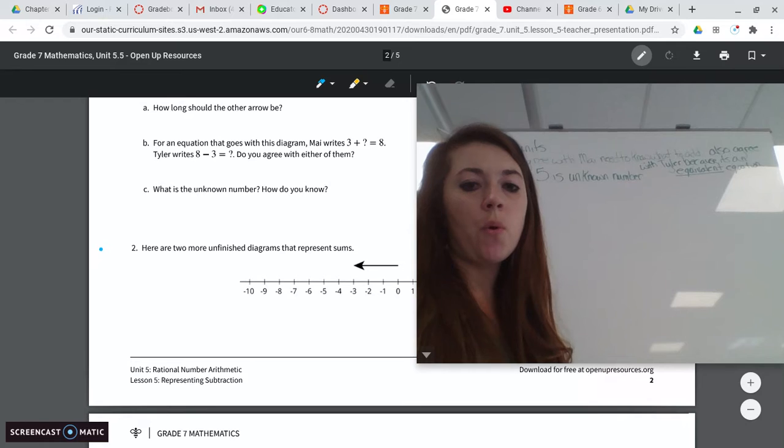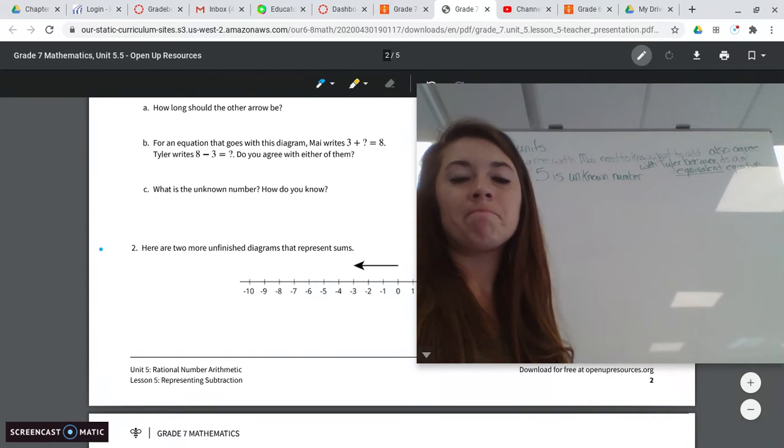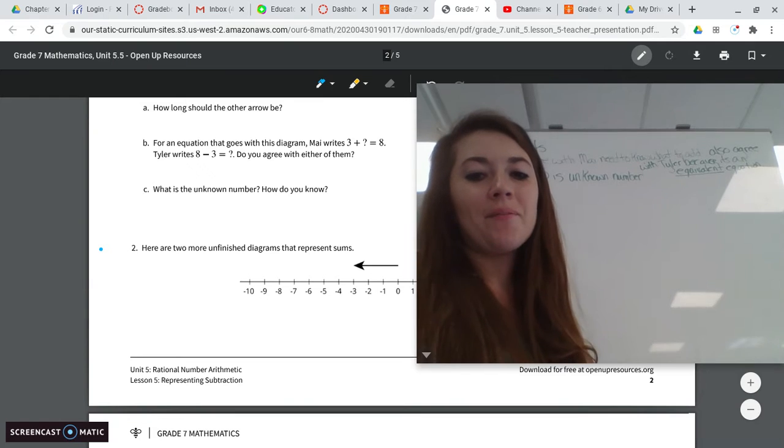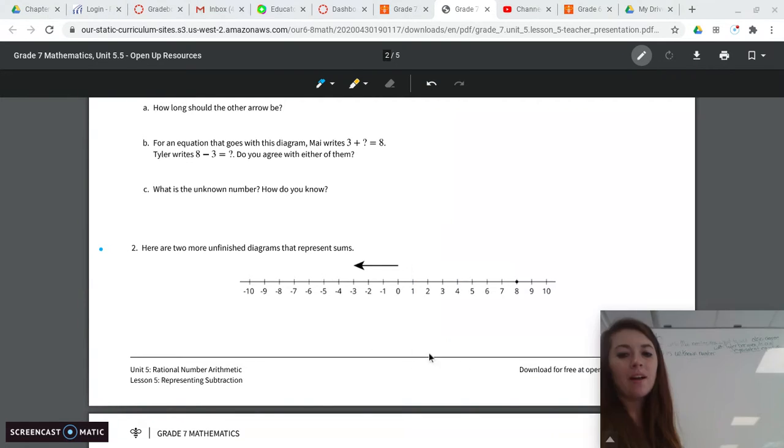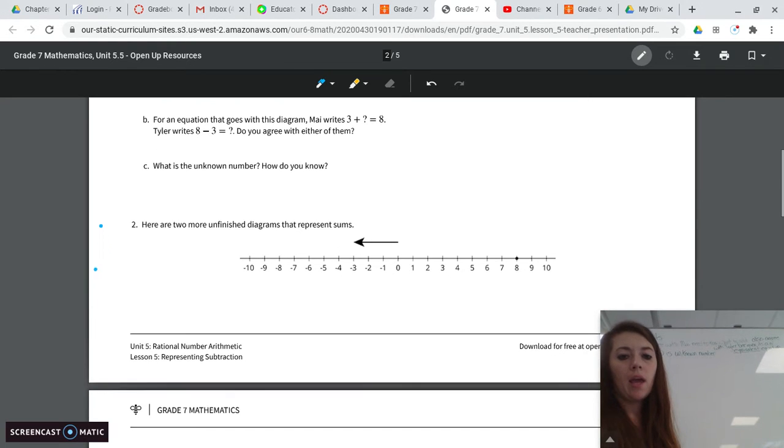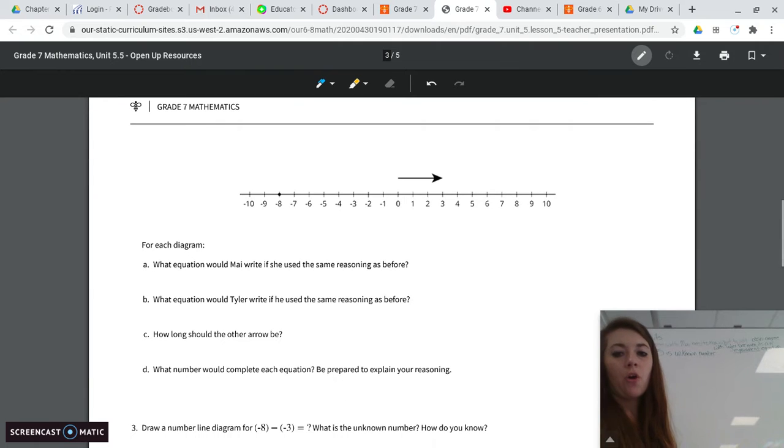All right, so number 2. Here are 2 more unfinished diagrams that represent sums. If we look here, we start at -3 and we're going to end up at 8. And for the other diagram, we start at +3 and we end up at -8. So for each diagram, we want to write the equation that Mai would write if she used the same reasoning as before.